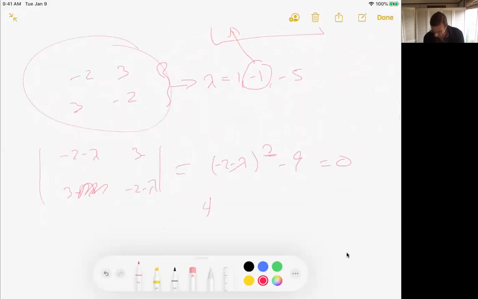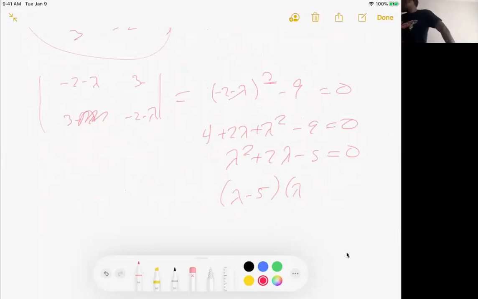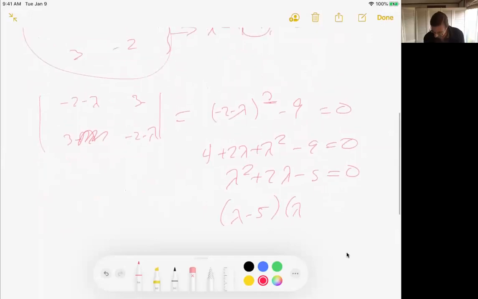That's 4 plus 4 lambda plus lambda squared minus 9 equals 0. That's lambda squared plus 4 lambda minus 5 equals 0. And that factors... Oh. No, it doesn't factor. Does that factor?